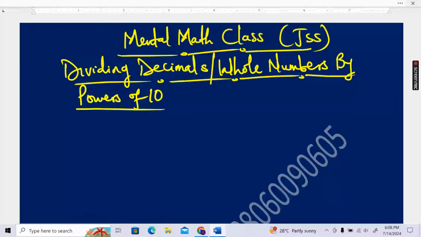All right. So, like I said, when dividing, you count from the decimal point to the left. Move your decimal point to the left.